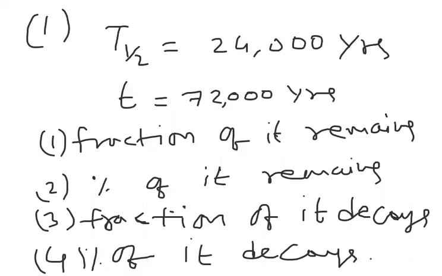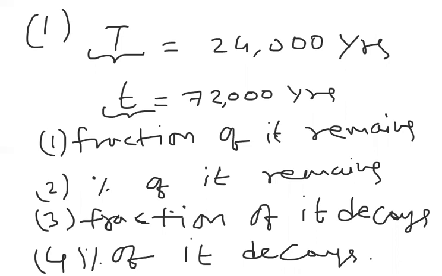Small t is 72,000. Capital T, the half-life, I can write as T of, no problem. Small t is the instantaneous time. So t by T of means 72 by 24.